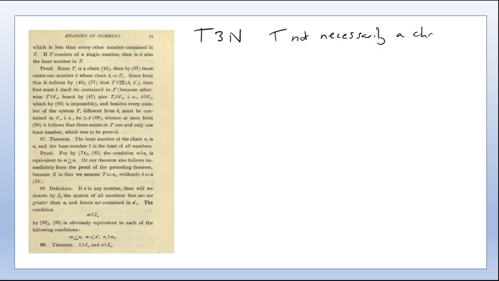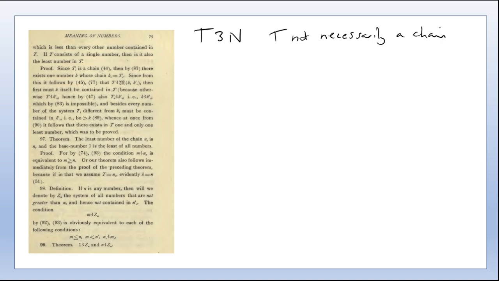There exists one and only one least number k, i.e. a number k which is less than, according to definition 89, every other number contained in T. If T consists of a single number, then it is also the least number in T.